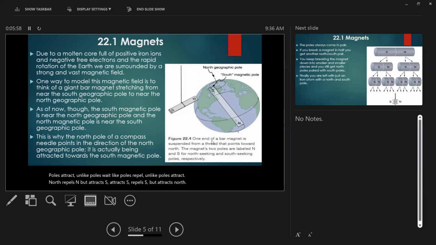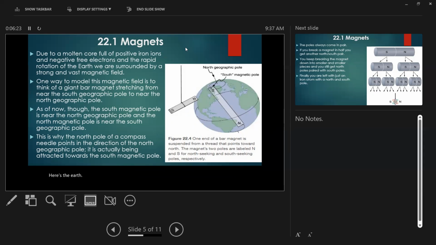So now here's the Earth. On the old exams, you guys would have to draw a picture like this and draw all the field lines coming out of it. But here's the Earth.